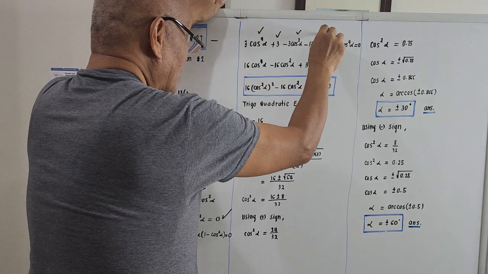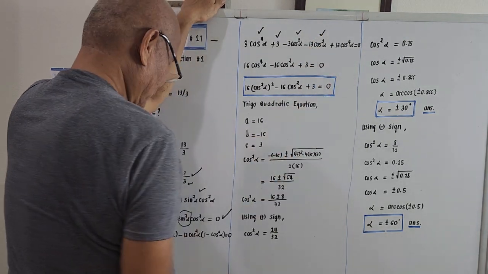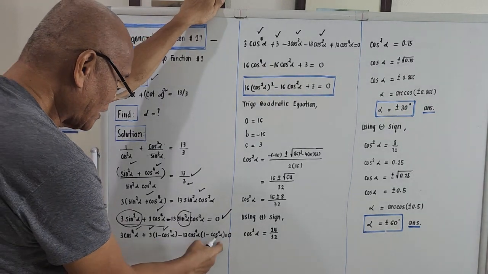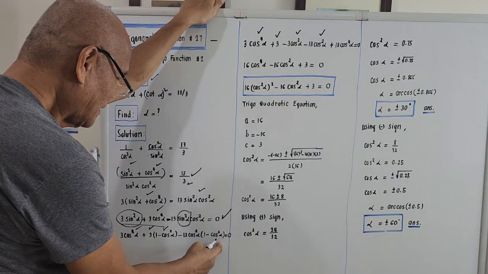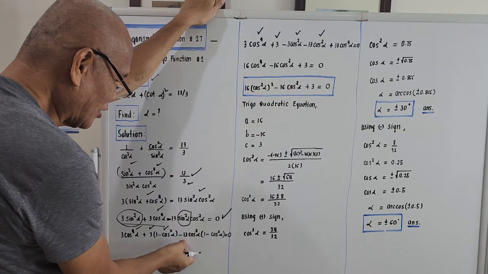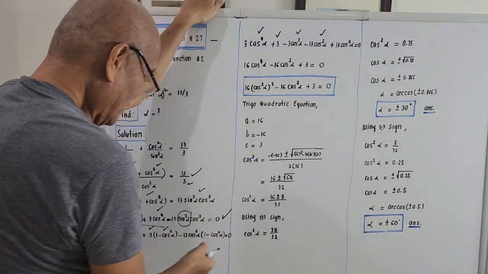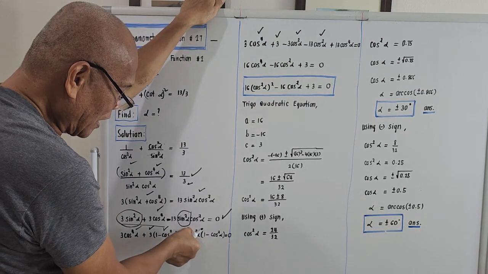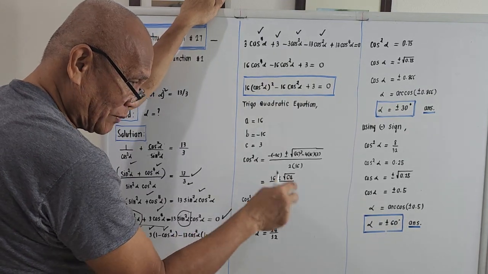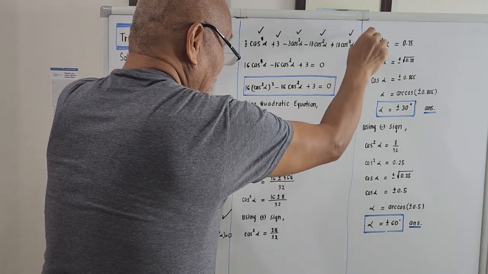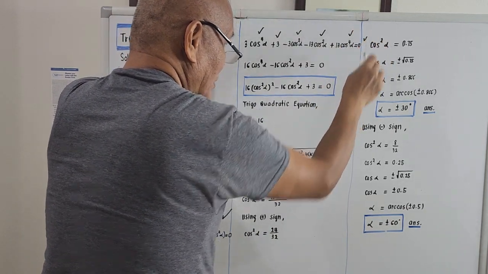So this will be negative 13 cosine square of alpha. The last part will be a negative and a negative, so it will now be plus, but the coefficient should be 13. So this is plus 13. And the product of cosine square alpha times cosine square of alpha will be cosine to the 4th of alpha. And the right hand side should be equal to 0.